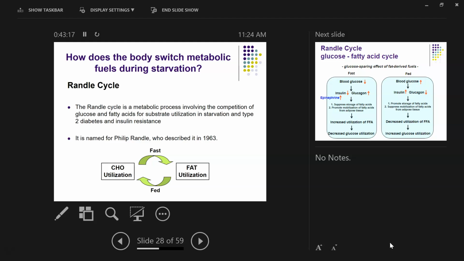For example, if we utilize more glucose, the fat utilization will be inhibited, or vice versa. If we utilize more fatty acids, for example during the fasting condition, then glucose utilization will be reduced. So a kind of competition exists between glucose and fatty acid utilization, right?